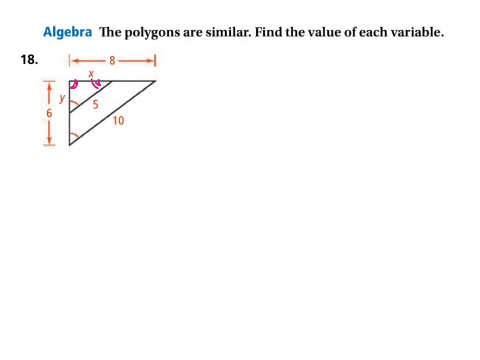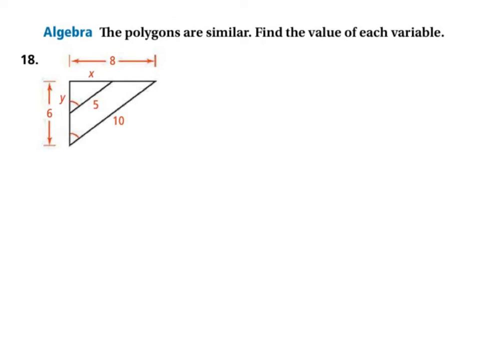And of course, this and that are the same angle as well, because of the third angle theorem. So if these angles are the same and this angle is shared, the last angle has to be the same. Okay, so we know that they're similar because triangles that have three identical angles will be similar, if not congruent.